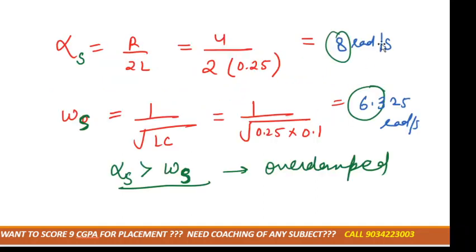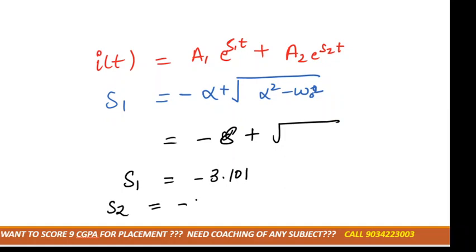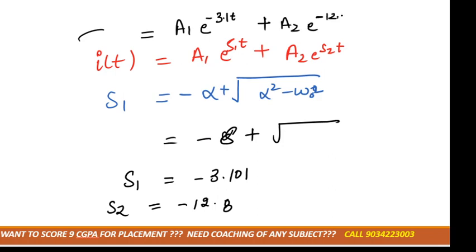Alpha we already calculated as 8, omega naught as 6.3, so putting down the values, we get S1 as minus 3.101 and S2 as minus 12.8 something. Now we can put it in this equation: A1 e raised to power minus 3.1 t plus A2 e raised to power minus 12.8 t. Got it? This is what we got as the transient equation.